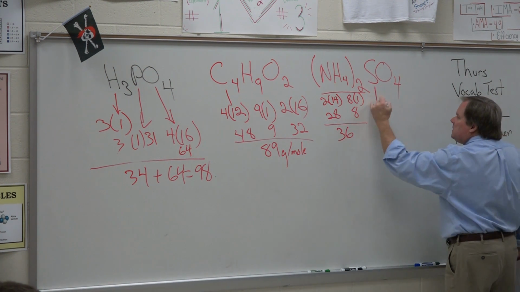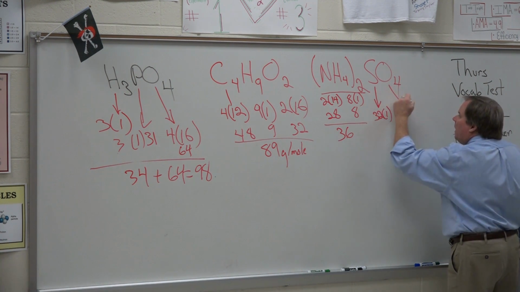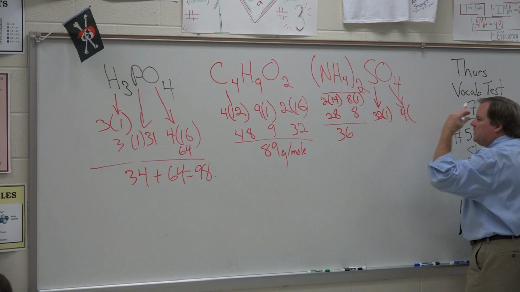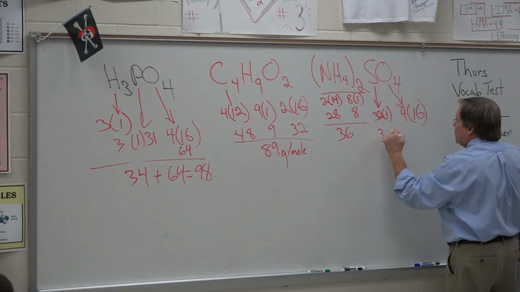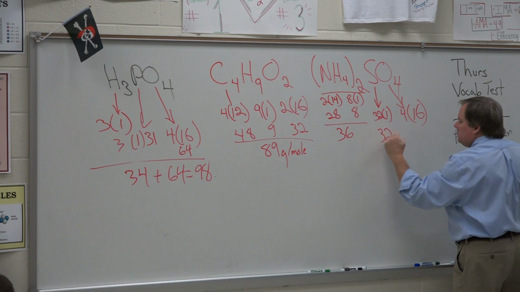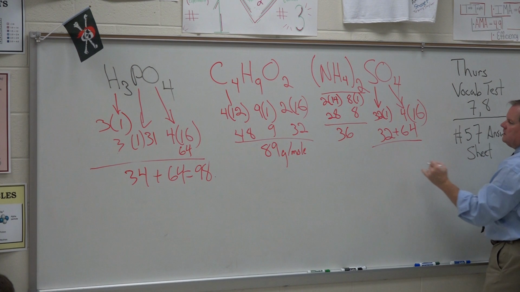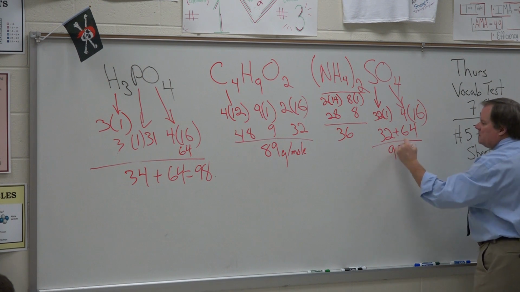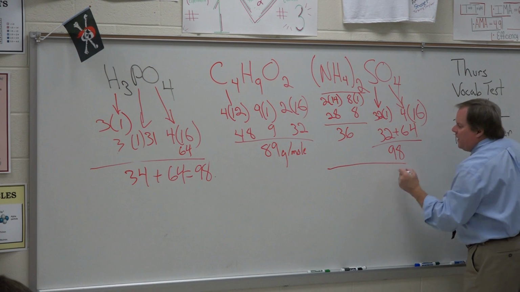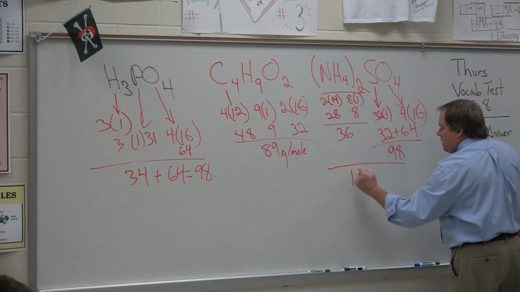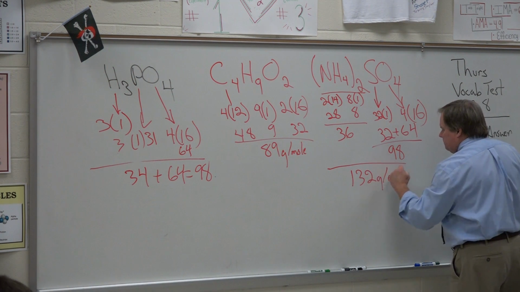How many sulfurs? 1 at 32. Oxygens, we have 4 at 16, that's 64. So 32 plus 64 gives us 98 here, and then finally 36 plus 98 is 132 grams per mole.